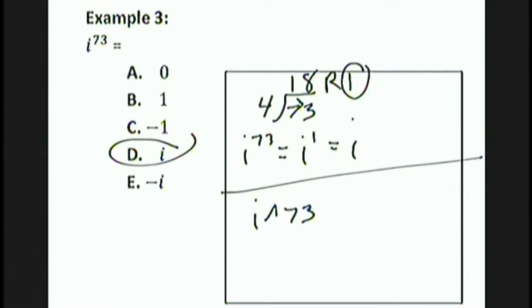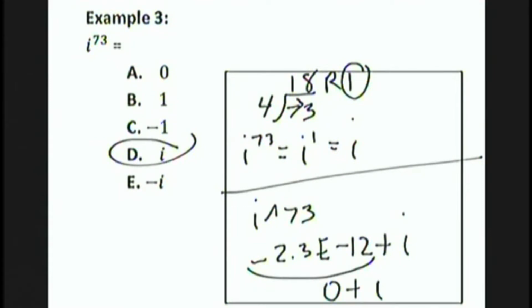For example, if you type this on your TI-84 calculator, you might get negative 2.3 e negative 12 plus i. This expression here is scientific notation for a really tiny number, which is essentially 0. So in other words, this is the same as 0 plus i, which is i, and that's what we got when we did it by hand as well.